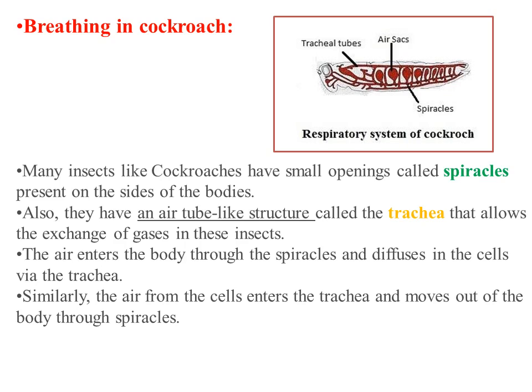The air enters the body through these spiracles and diffuses to the cells via the trachea, and similarly the air from the cells enters the trachea and moves out of the body through the spiracles. So air enters the body through these spiracles, and again air moves out of the body through these spiracles.